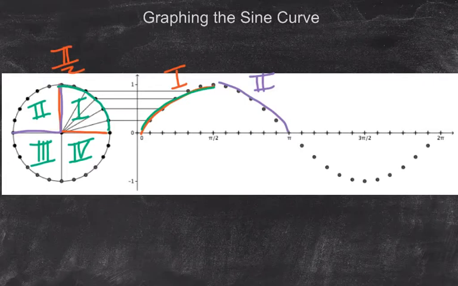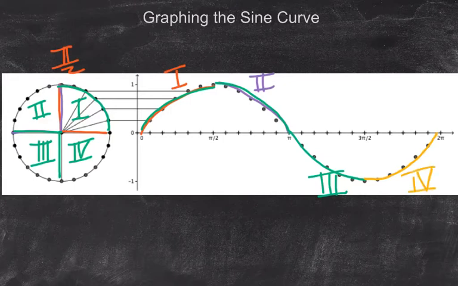Right? It's going to max out at 1, and then as it enters quadrant 2, it's going to start at 1 and go back down to 0. Quadrant 3, which is between pi radians and 3 pi/2, is here. And then quadrant 4 is from 3 pi/2 to 2 pi radians. So we see the connections between the height of the triangle and the angle measure by looking at the quadrants also.